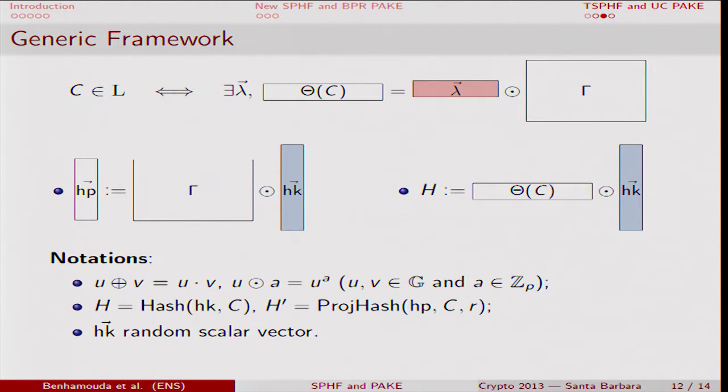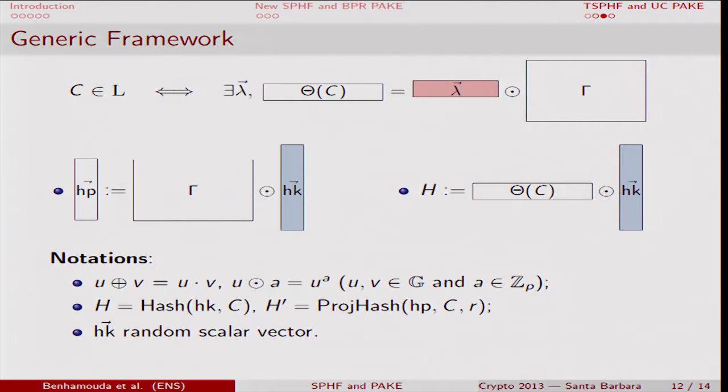In our generic framework, we use additive notation for cyclic groups, and we suppose that the language can be defined as follows: a word C is in the language if theta of C, some function of this word C, can be seen as a linear combination of the rows of some matrix gamma.